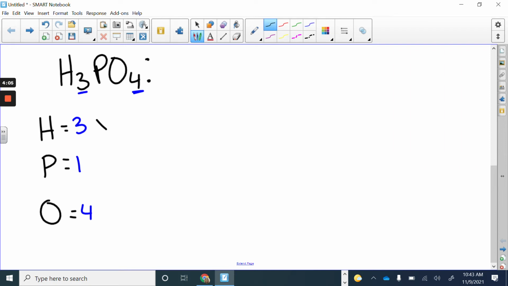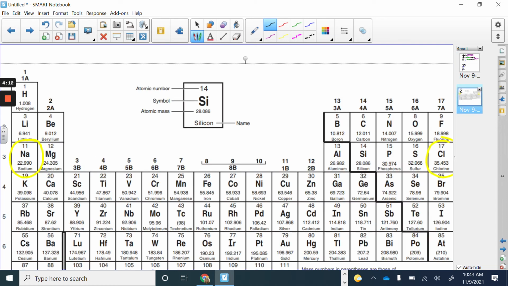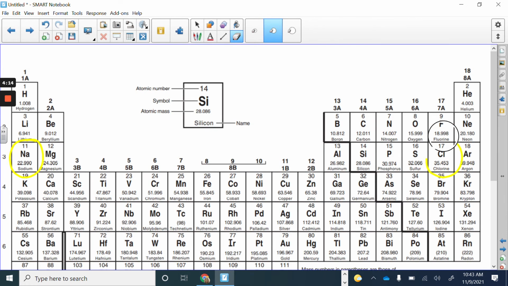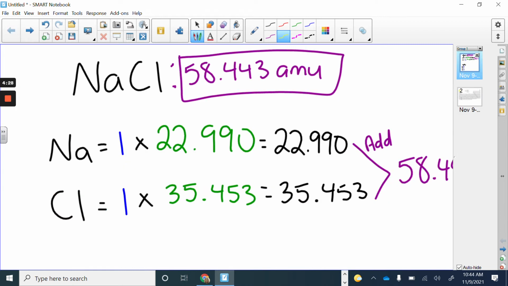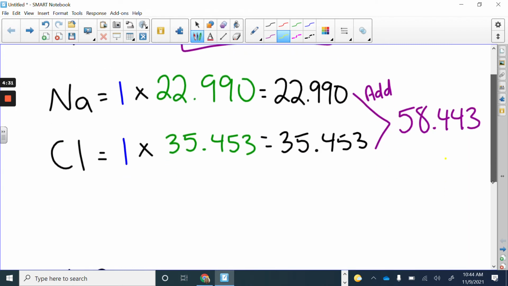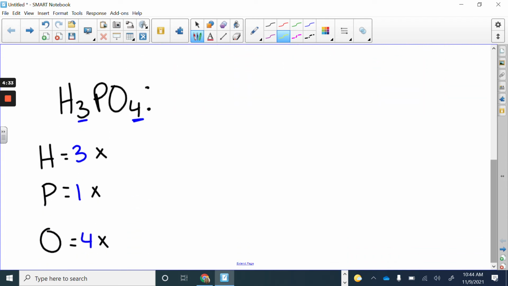Now we're going to multiply by their masses off the periodic table. So if I go back over here, and let me erase the ones that we're not using. We're going to start with hydrogen, and hydrogen is at the very top. It has a mass of 1.008. So we'll go back and scroll down. We'll do a mass of 1.008.